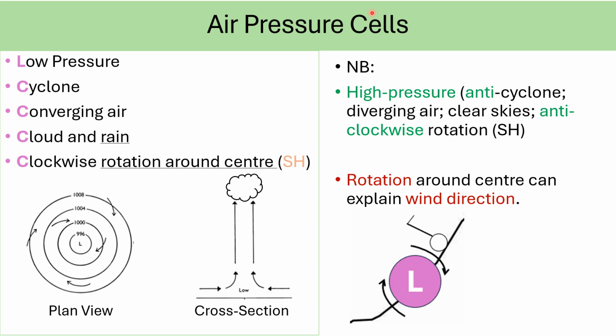Let's have a look at the characteristics of a low pressure cell. A low pressure cell is also called a cyclone. In a low pressure or cyclone, the air converges into the center.